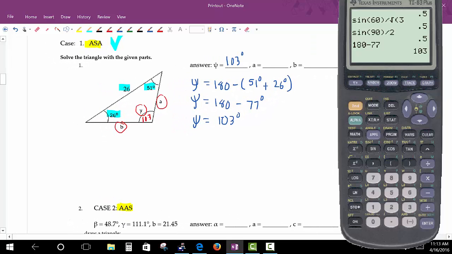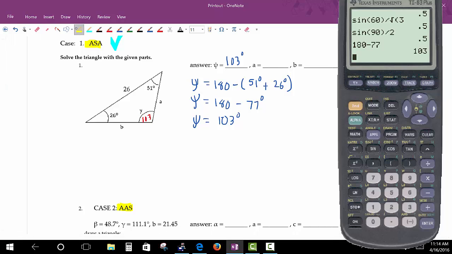All right, now what we have to do is use the law of sines. So in order to use the law of sines, at a very minimum, you always have to know an angle and an opposite side. And we do know that now, see? All right, so I'm going to erase some of these little keystrokes that I did there. I want to keep that 103 in there.